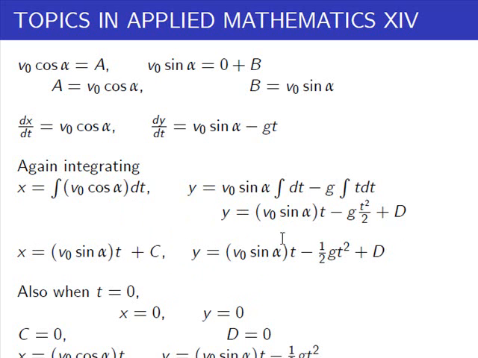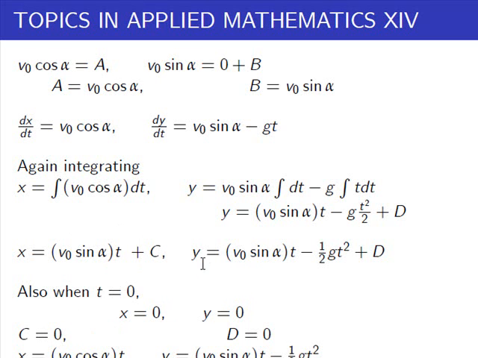These two unknown constants are to be determined. At time t equal to 0, the particle was at the origin of the plane, so x is equal to 0 and y is equal to 0. When x is equal to 0 at time t equal to 0, the term with t vanishes, so c is equal to 0.